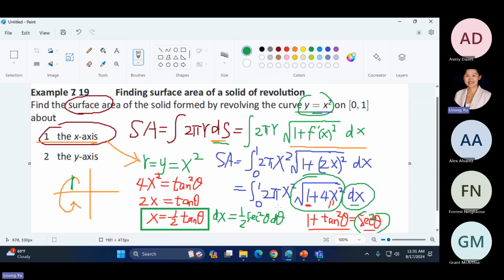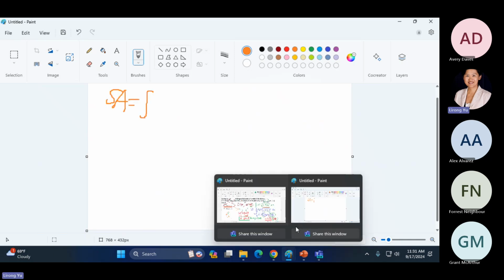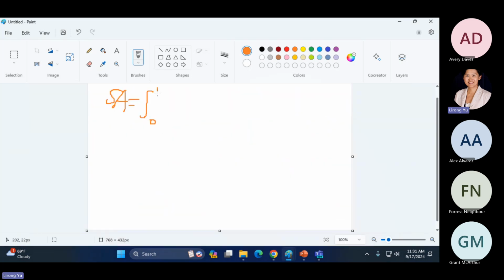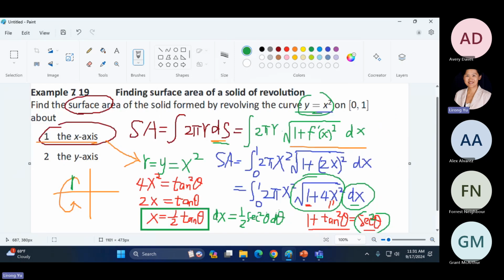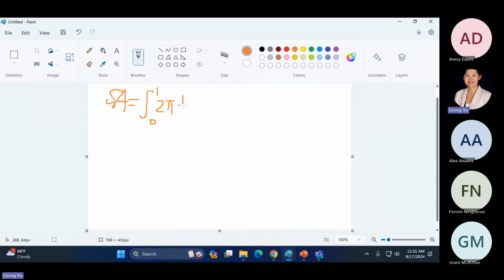All right, so with that, we realize that our surface area calculation becomes this. A is our surface area, and we're calculating the integration from 0 to 1. And then we have 2 pi. And then we also have x squared, but x squared is being replaced by 1/2 tangent squared, so the half squared is 1/4.